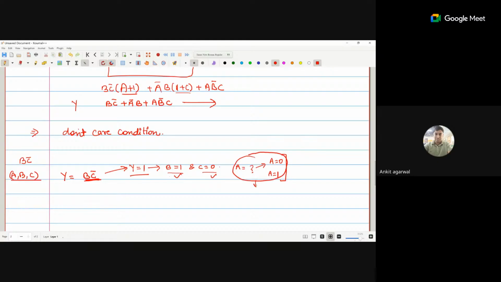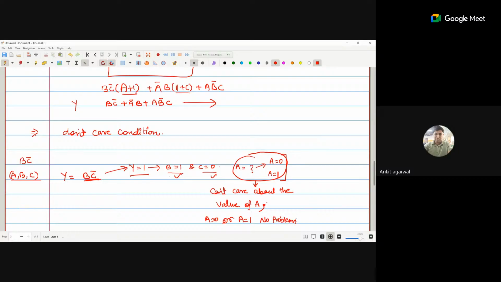So we can say that we don't care about the value of A. If A is 0, no problem, or if A is 1, again no problem.